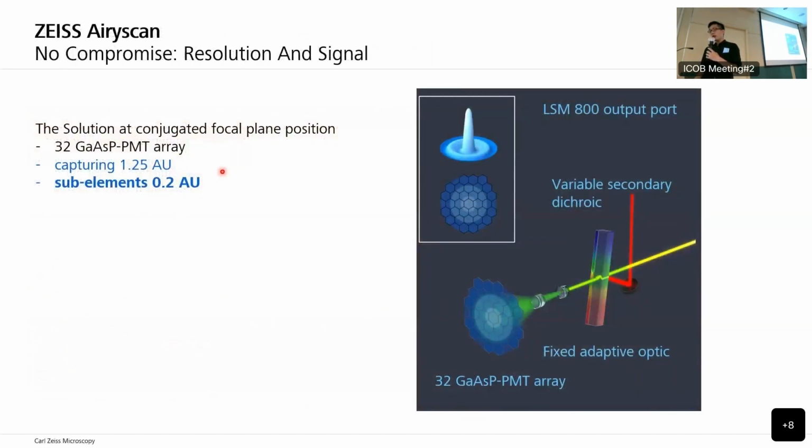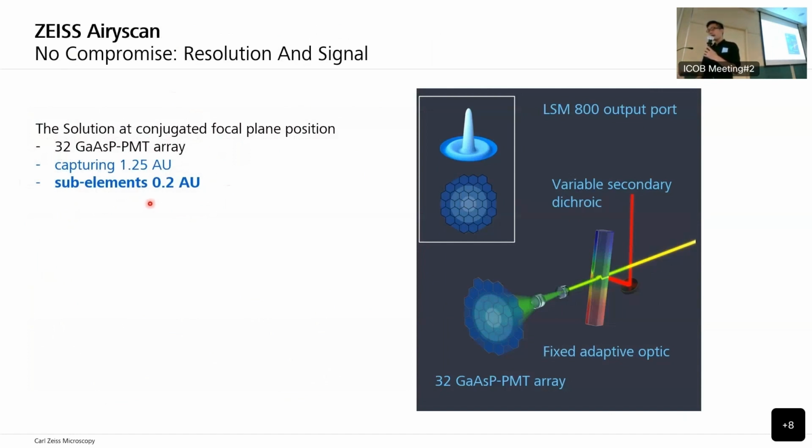So that's why Zeiss provides the Airyscan solution to deal with this kind of situation. If we have limitations with one detector, how about we put 32 detectors together as an array detector. Each detector can have a much smaller Airy unit, which means higher resolution.